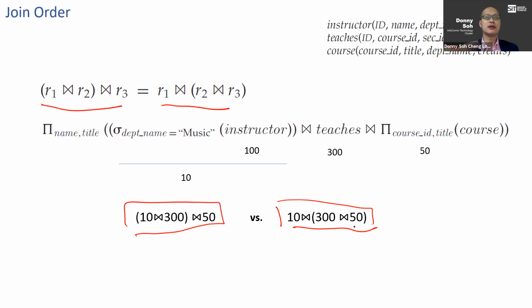Later on, we are going to calculate a heuristic that we can apply to say which order is the so-called preferred one. But for the time being, just keep in mind that whatever join order we have, they will have a slightly different cost.